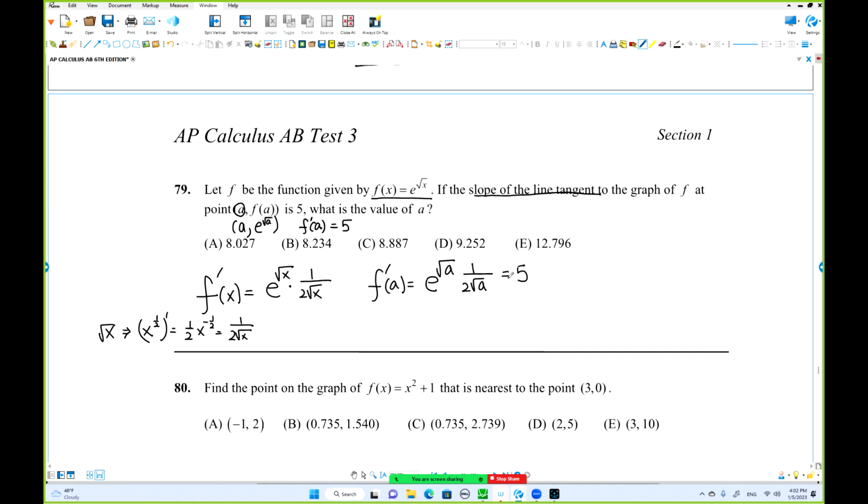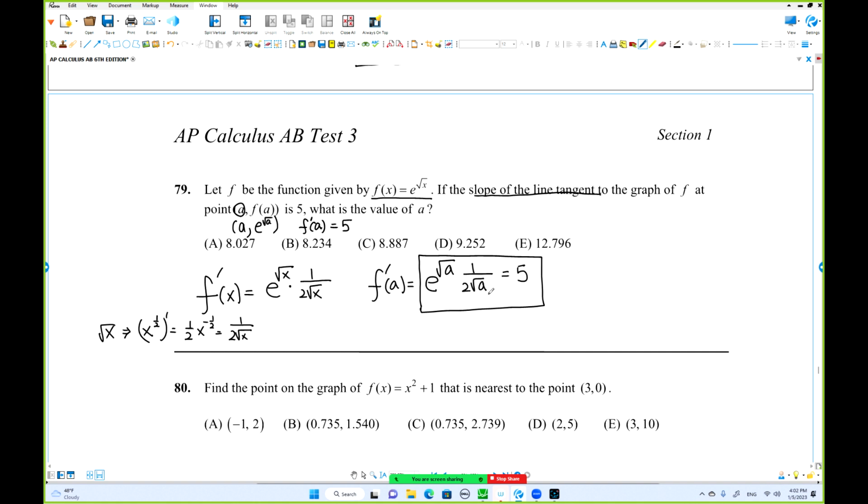So how can you find this one? You have a square root a there.